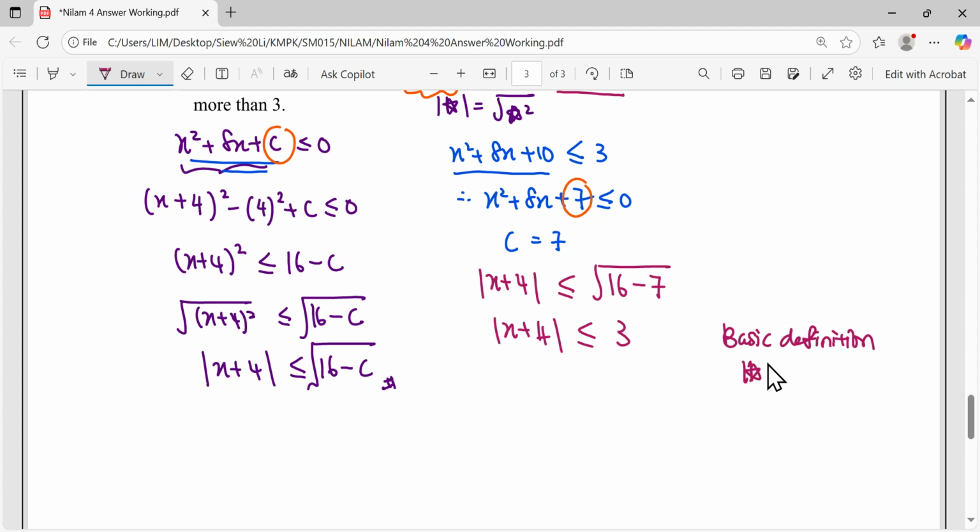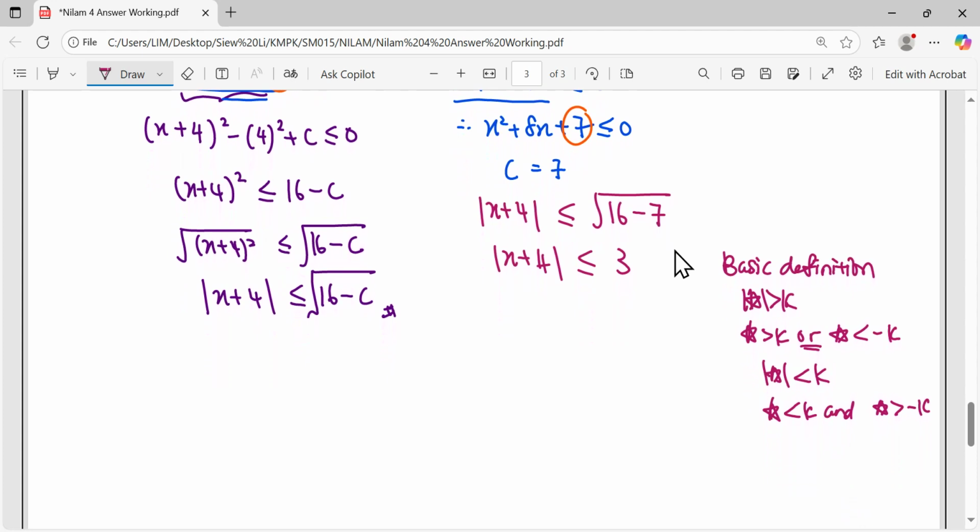If you have more than, then the basic definition is more than k or less than negative k. If you have less than, then the basic definition is less than k and more than negative k. So insert negative and change the sign. When you have greater than, we use 'or'. When you have less than, we use 'and'.